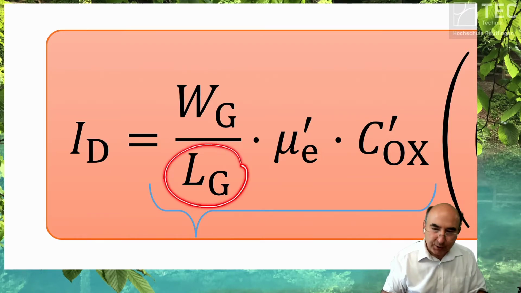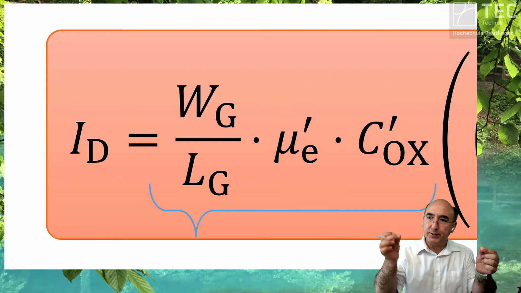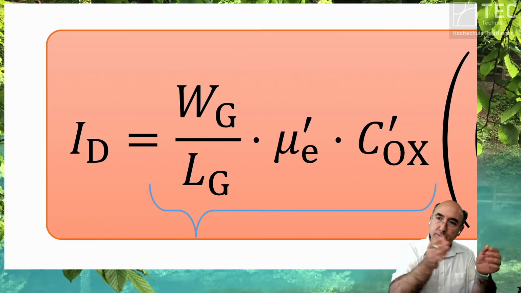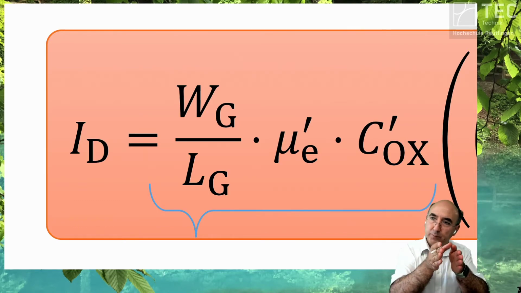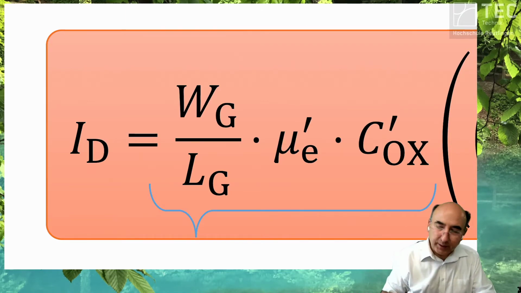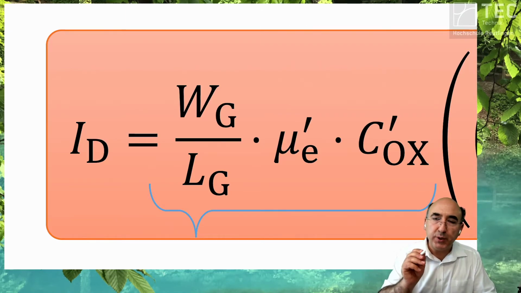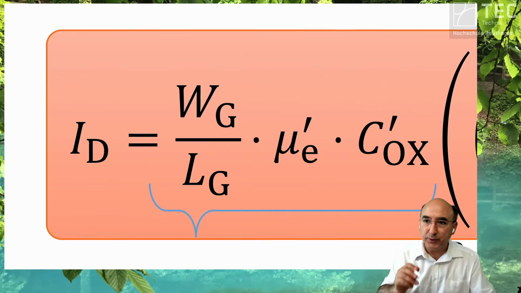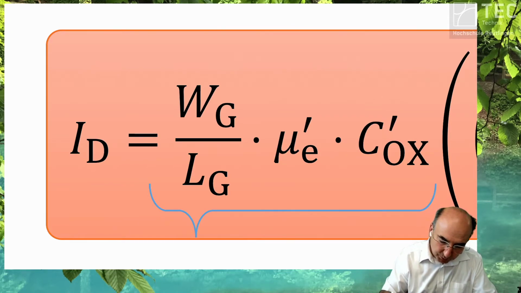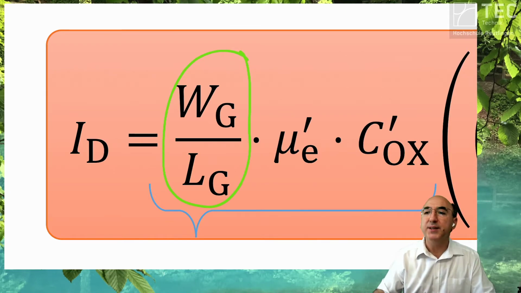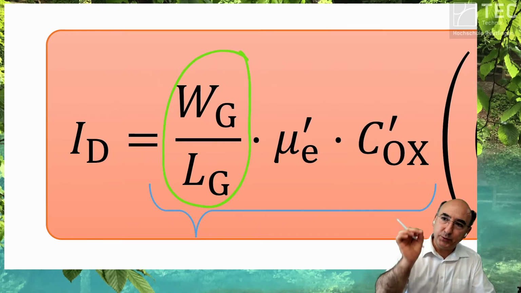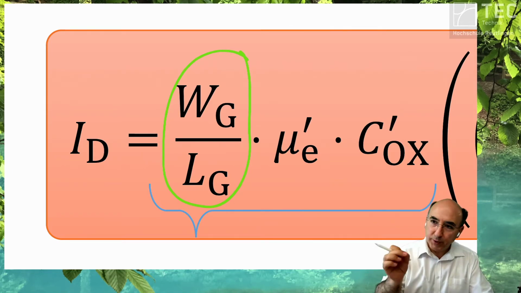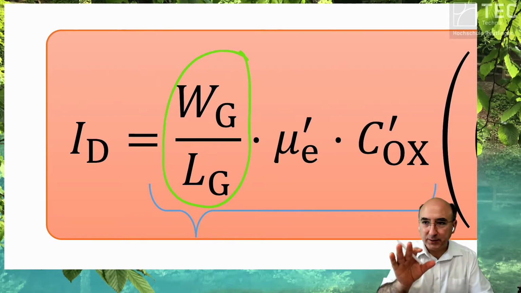And if you change the length that the electrons have to travel and make it shorter, then the current increases also. And the only parameters you are able to manipulate as a designer for integrated circuits are this pair, the width and the length. The rest is defined.